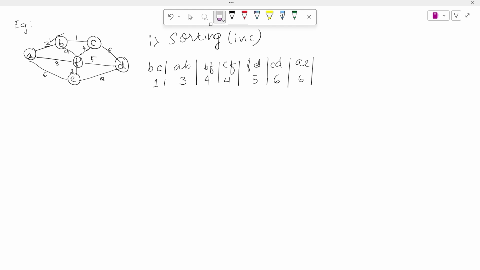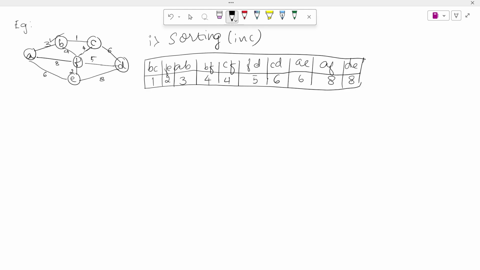Okay, so we had two, FE is 2, and after AE it is AF and DE both having 8. So once we have sorted all the edges, we have to start constructing a tree.